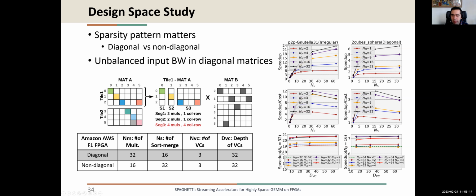They help just a little bit, but the main parameters are the number of multipliers, the number of sorters and the depth of the sorters, because that impacts directly on the tiling. If you have deeper sorters, you will probably have bigger tiles, right?